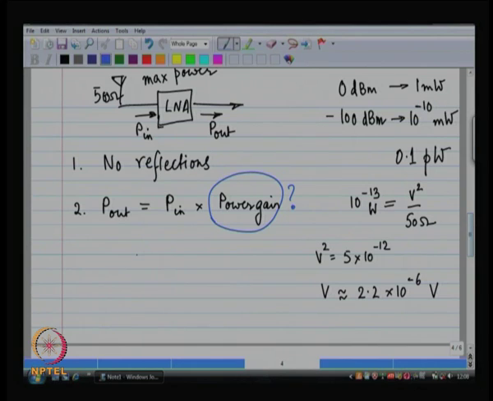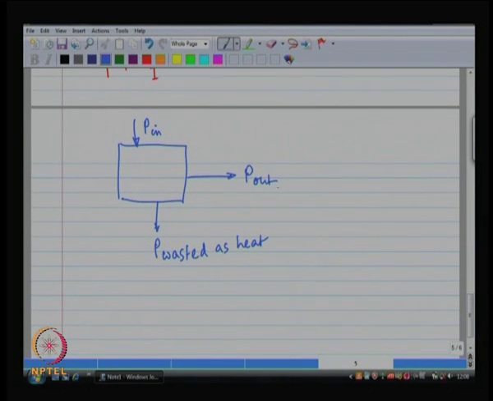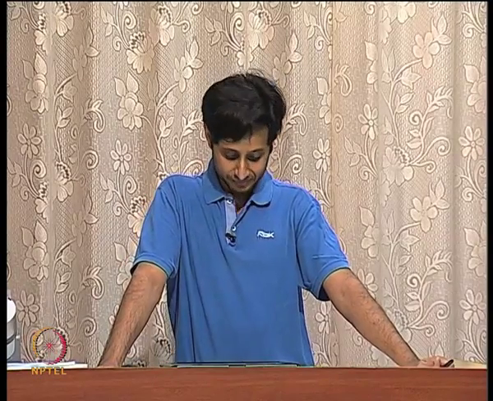So, power gain I have defined as P out by P in. I mean, looking at this picture, power gain has to be always less than 1, which means it is not a gain, it is a loss. So, what are we talking about here? Anybody?